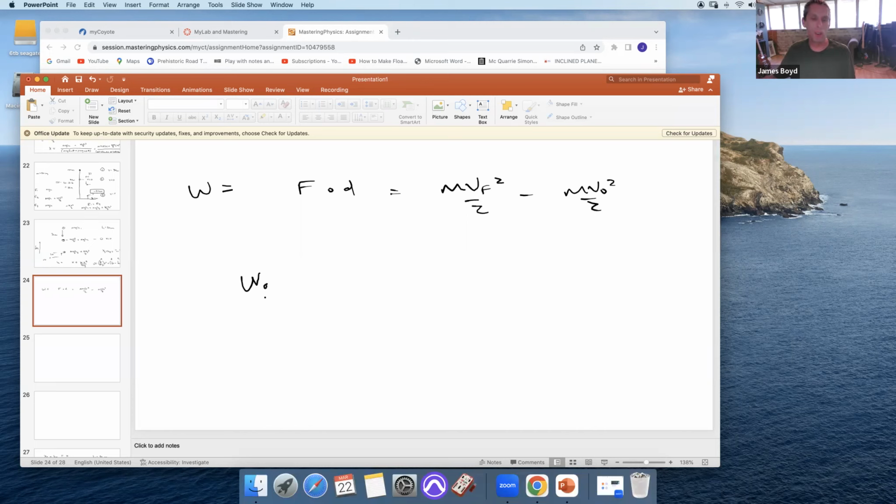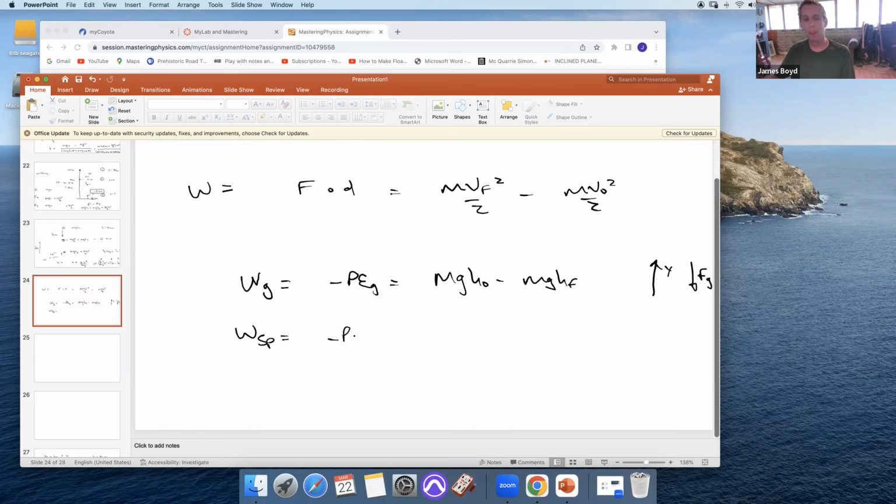The work of gravity is the minus potential energy of gravity, which is mgh initial minus mgh final, and that means that you have to choose y up and the force of gravity mg down. The work of a spring is the minus potential energy of the spring, which is kx initial squared over 2 minus kx final squared over 2.